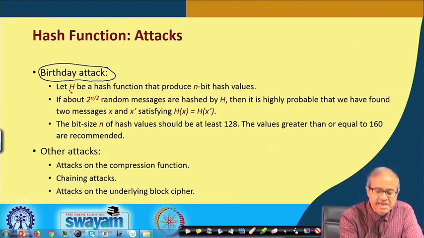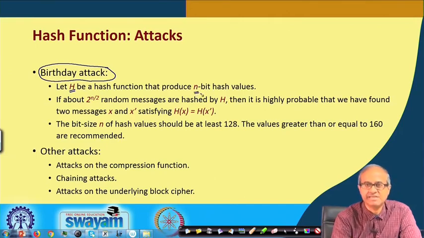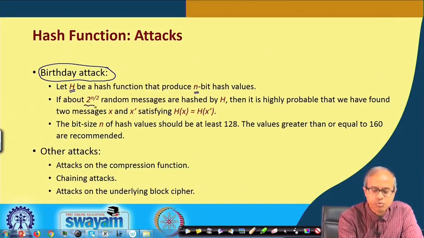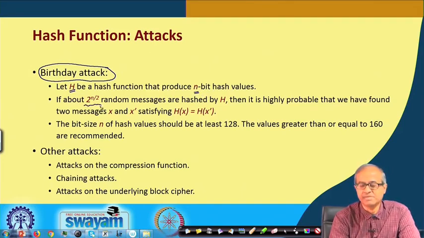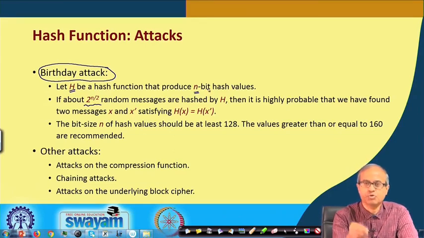Let us say H is a hash function that generates n bit hash digest values. Birthday attack says, if you can generate 2 to the power n by 2 random messages, the hash values are much smaller, 2 to the power n by 2 is even smaller, not 2 to the power n, I am talking about 2 to the power n by 2.